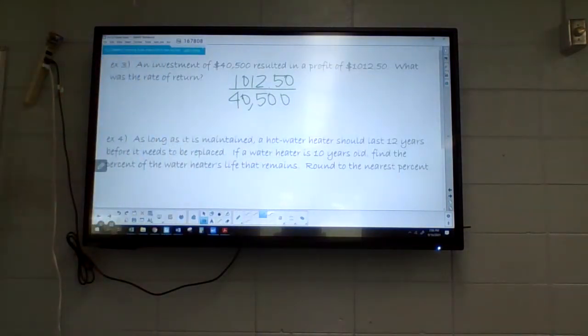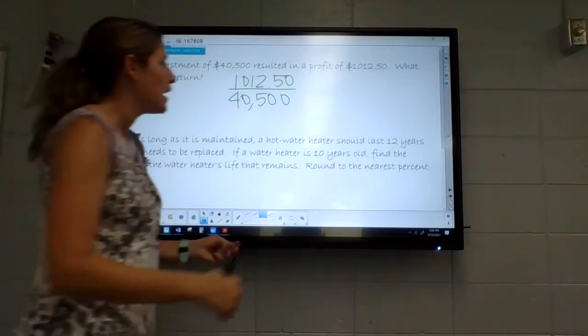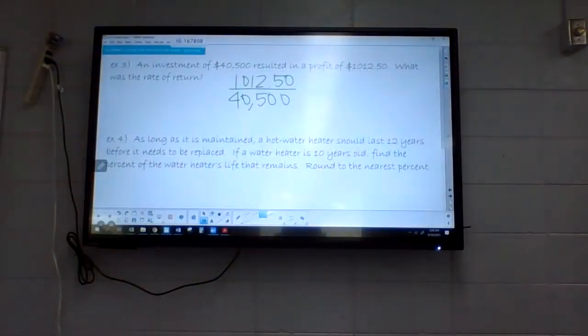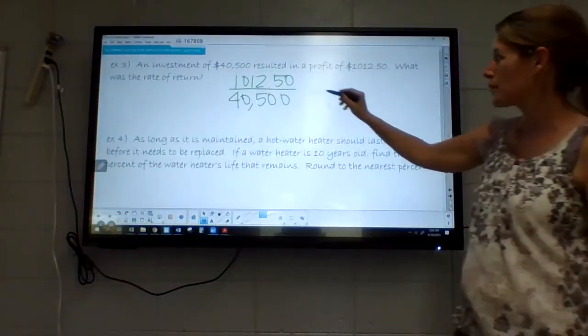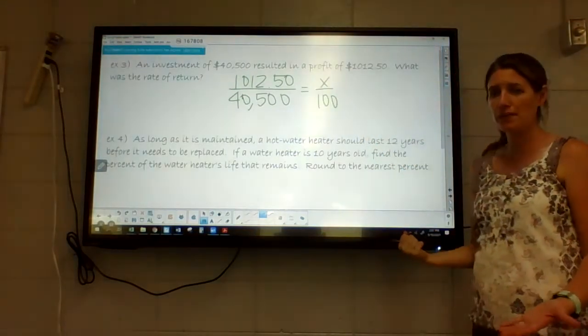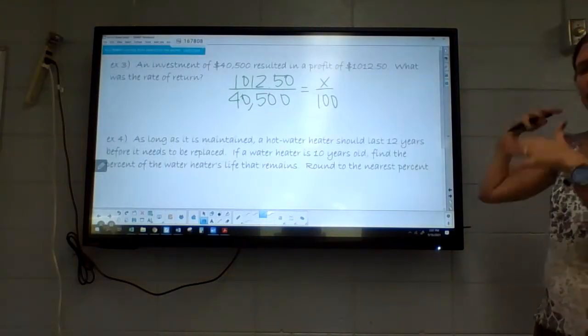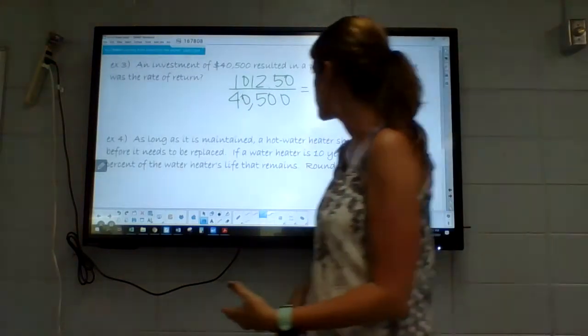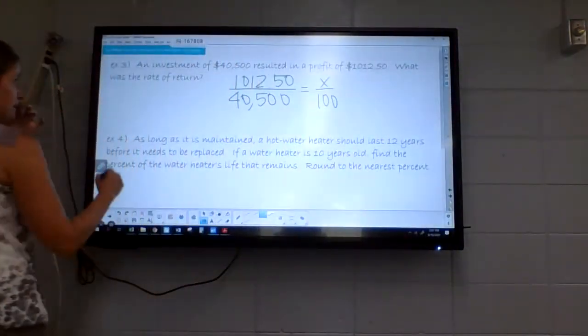So our profit out of the whole. Now you could divide those the way they are, or you could change this right away to a percentage, because we're going to write the rate as a percentage. You could divide it and change it into a decimal. It's kind of up to you how you go about it.